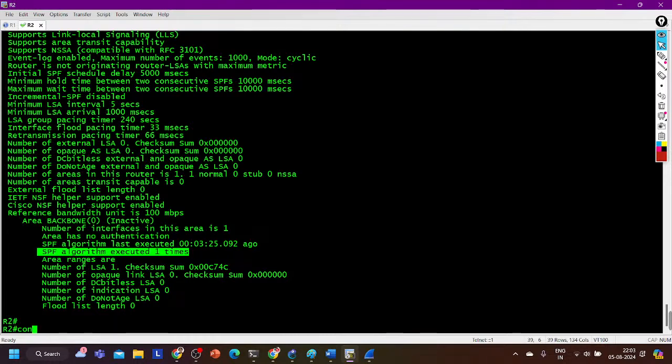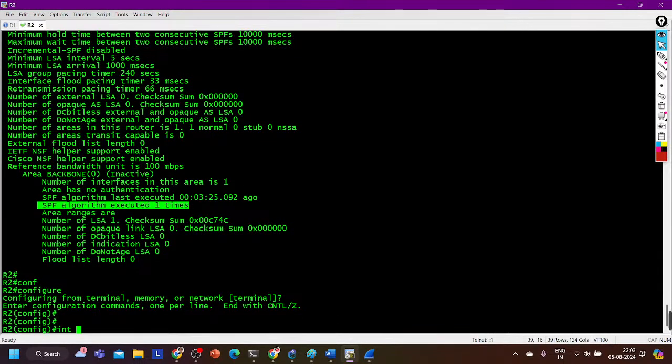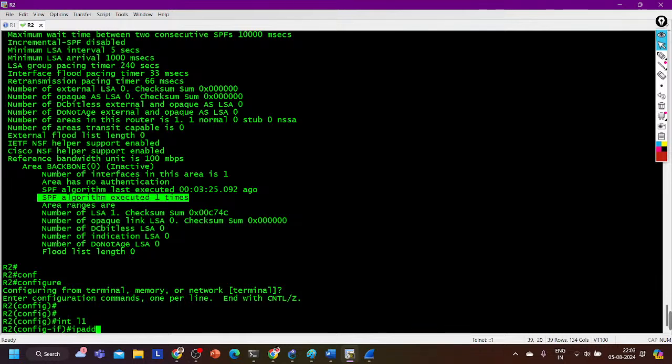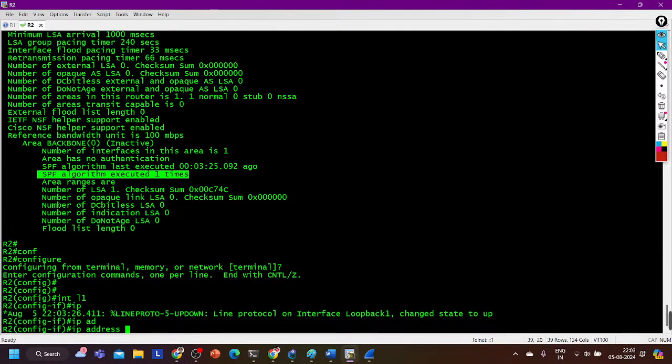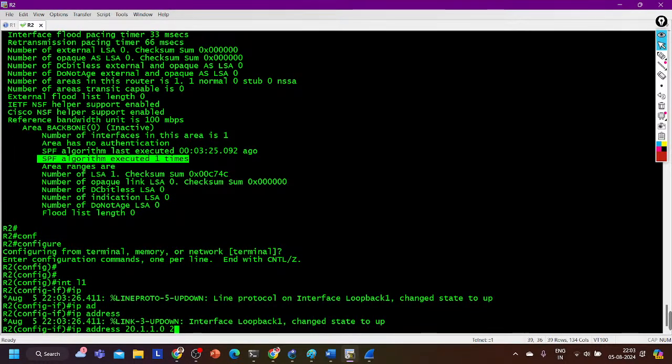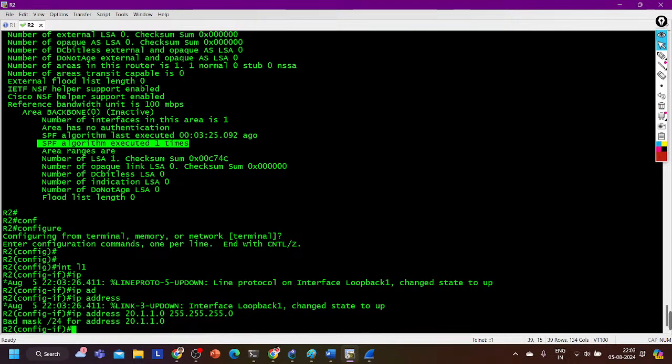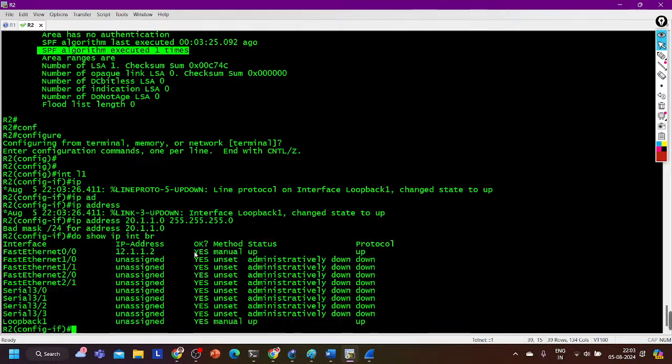But if I will add one loopback here, interface loopback 1 and say IP address 20.1.1.0, what is happening? This is overlapping. Do show IP interface brief. We have no, bad subnet mask. Oh, IP address is incorrect, sorry. 20.1.1.1.